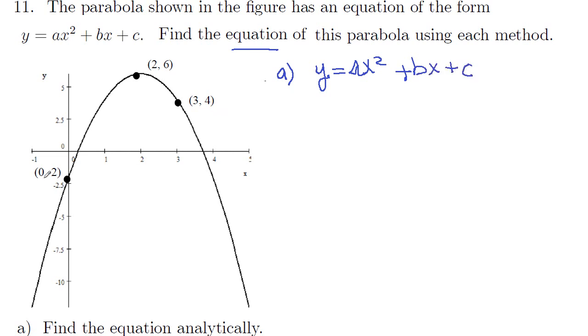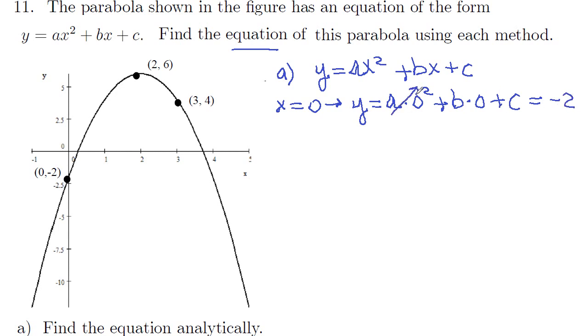When x is 0, y is -2. So just plug that in the equation. So x is 0, then our y is going to be a times 0 squared plus b times 0 plus c. But we also know that equals -2.